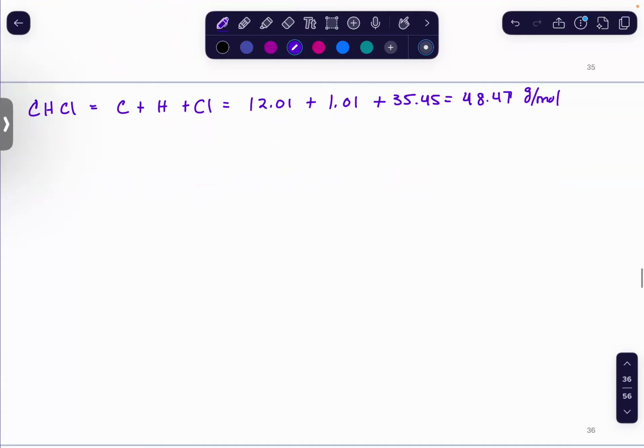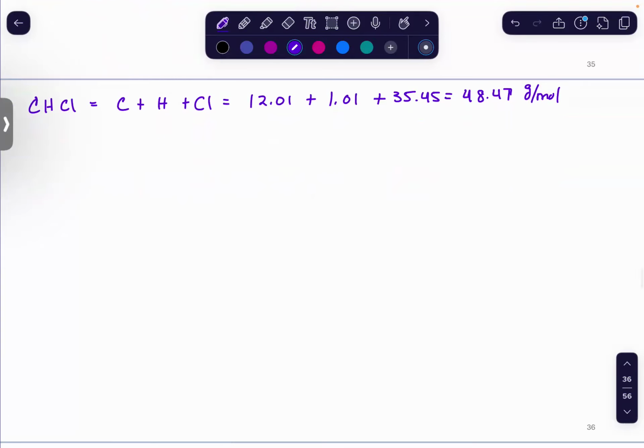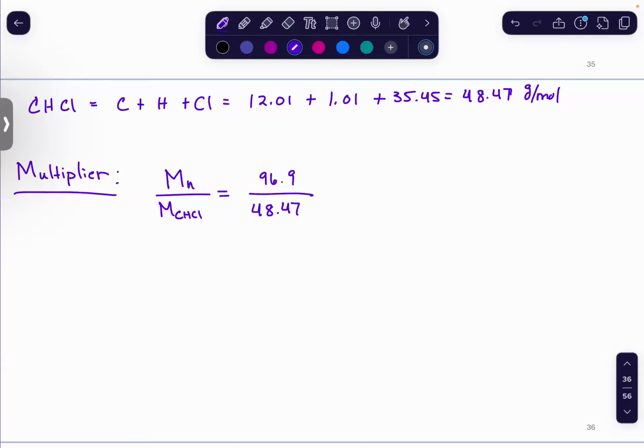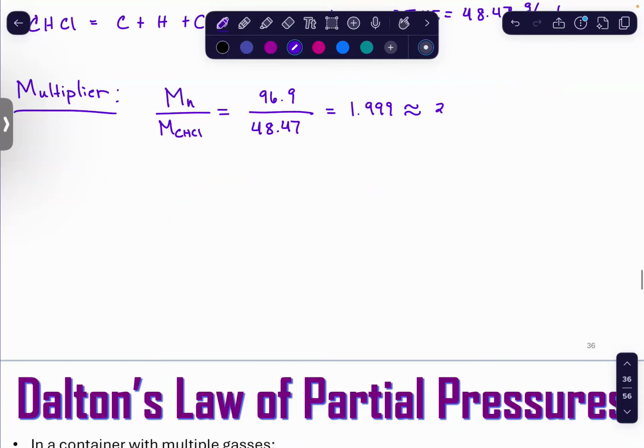Remember, that's going to be my molar mass of my compound over my molar mass of my empirical formula, or 96.9 over 48.47. That's going to give me 1.999, which of course we know we round to 2.